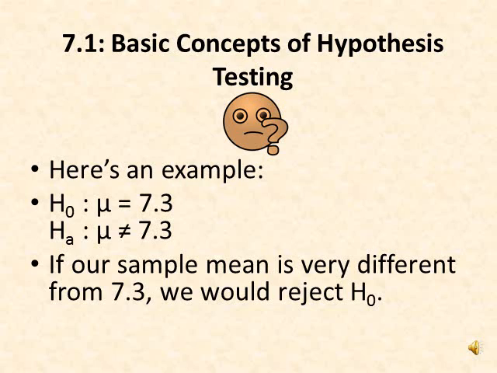Here's an example. The null hypothesis states that mu, the population mean, is equal to 7.3. The alternative hypothesis states that mu is not equal to 7.3. If our sample mean is very different from 7.3, we would reject the null hypothesis.